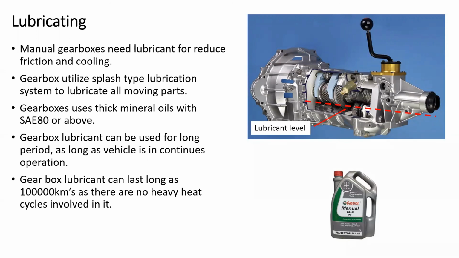I'll come back to the unless necessary part again. The oil is filled up to a level similar to the one shown here, and when the gears are operating, lubricant is splashed around the gearbox. So almost all the components are automatically lubricated.